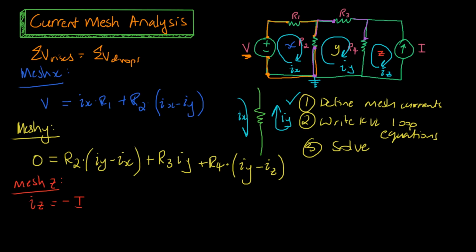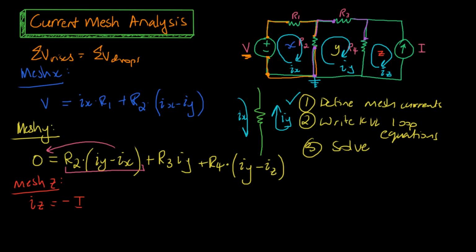Just as a quick note, you'll notice if you look back to part 1 that our three mesh equations are going to be the same. Otherwise, they wouldn't be equivalent methods. The only difference between the two methods is in our mesh Y equation, where our voltage drop over resistor 2 was on the left-hand side of the equation as a voltage rise. So it was over there.